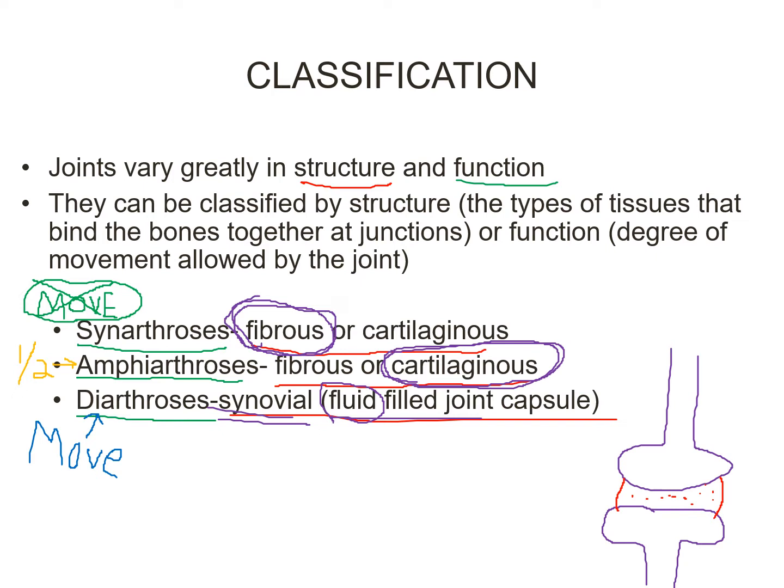Does it not move? Does it move a little? And every single joint in the body has to fall under one of these three structural or anatomical groups. It's either made up of fibers, it's got to be made up of cartilage, or it's got to have this fluid in between. Can't be anything else. So let's continue on and dive into the specifics of each of these.